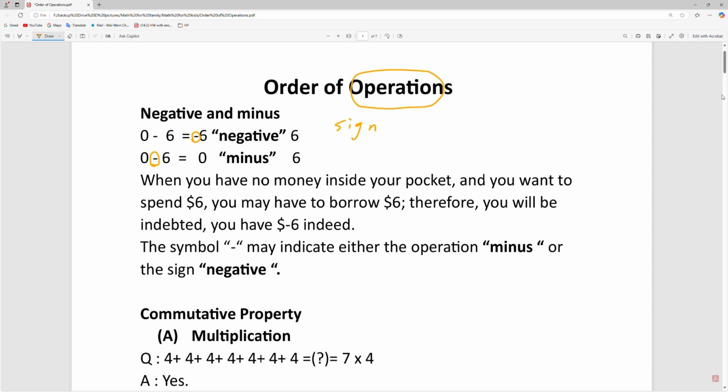So when you have no money inside your pocket, so you have $0. And you want to spend $6, so you want to take away $6 from your pocket. When you take away, it's minus, okay?